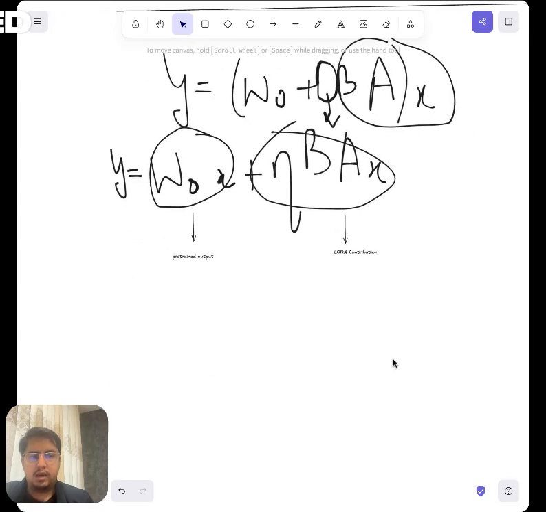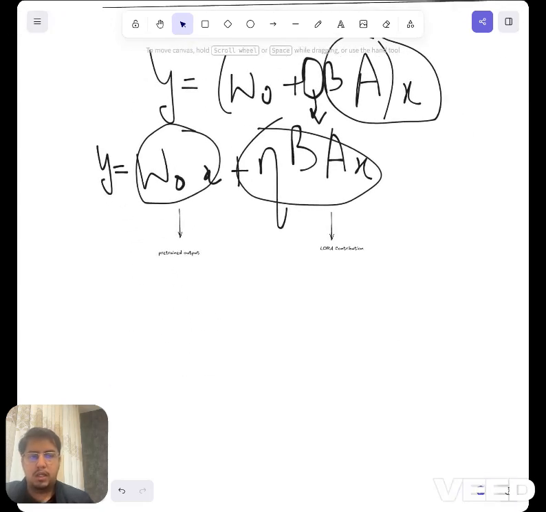And during early training, the behavior of the model is dominated by the relative magnitude of these two terms. What that essentially means is that if the LoRA term, this one, is badly scaled, everything downstream breaks.